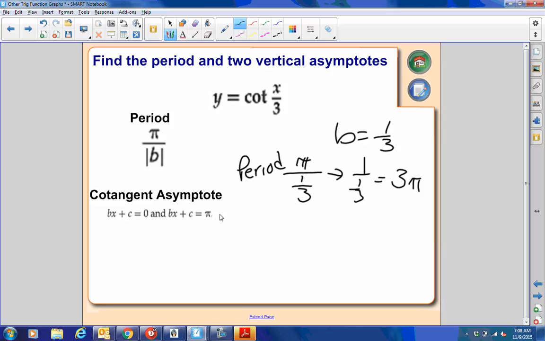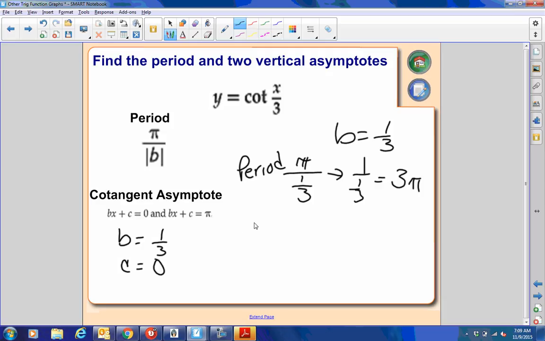Now for the asymptotes, I want to find 2, and I can find 2 by utilizing this formula. And again, I need a b and a c. So my b is 1/3. My c, remember, if there's no plus or minus inside of a parentheses, I have no c, so the value is 0.